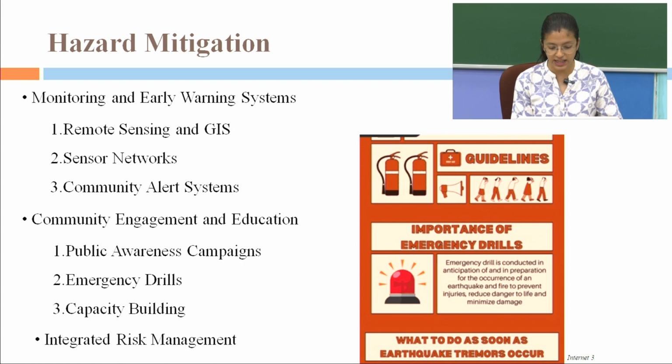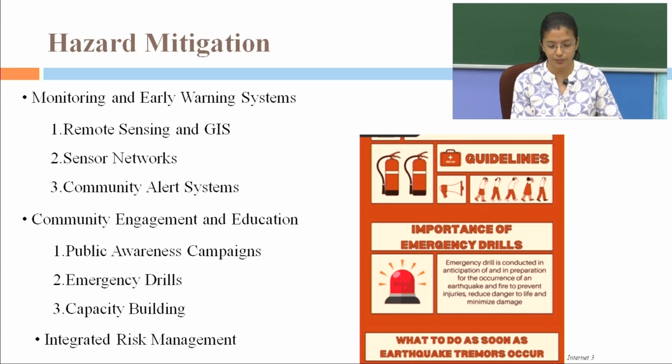Public awareness and campaigns, that is educating the public about geohazards and telling them about preparedness measures and response strategies. Conducting regular emergency drills for evacuation and response to ensure their readiness. Also training local stakeholders in hazard assessment, risk reduction, and emergency management.